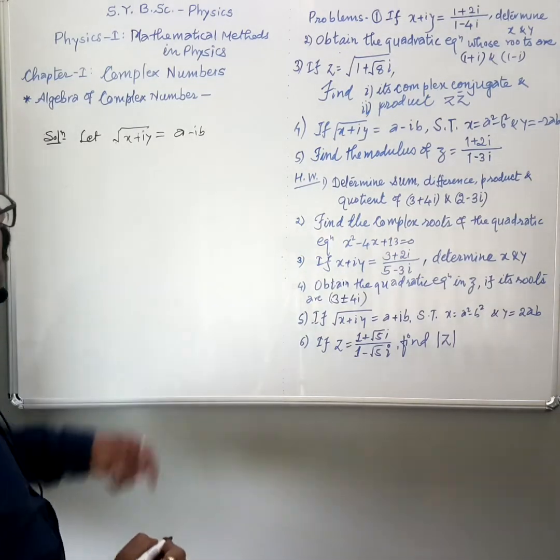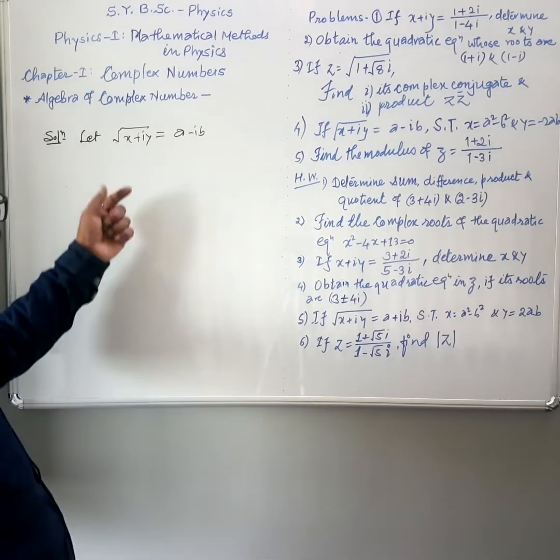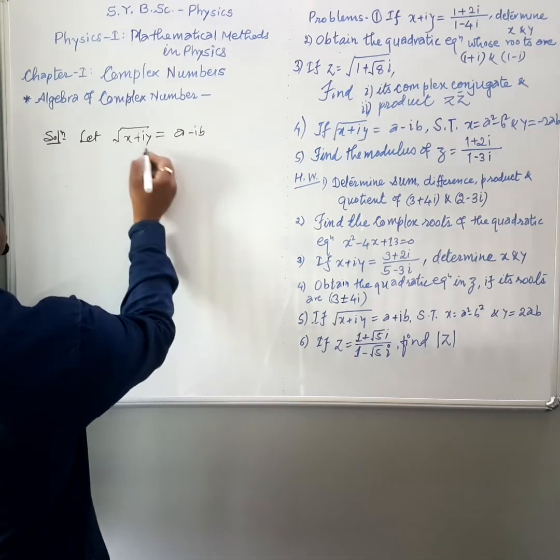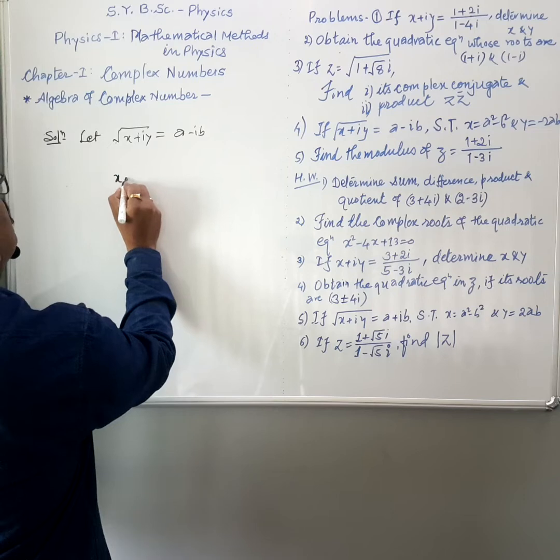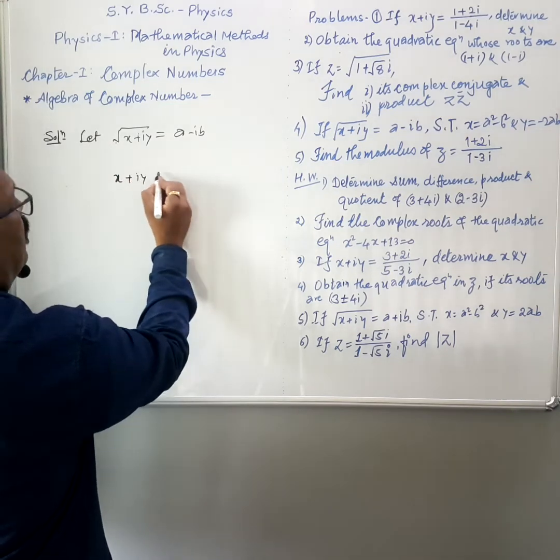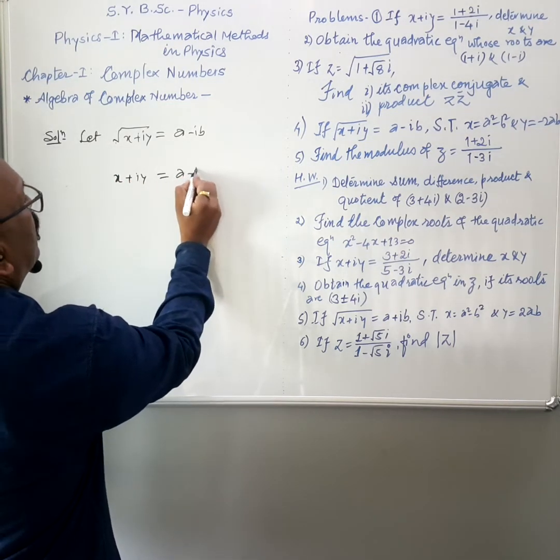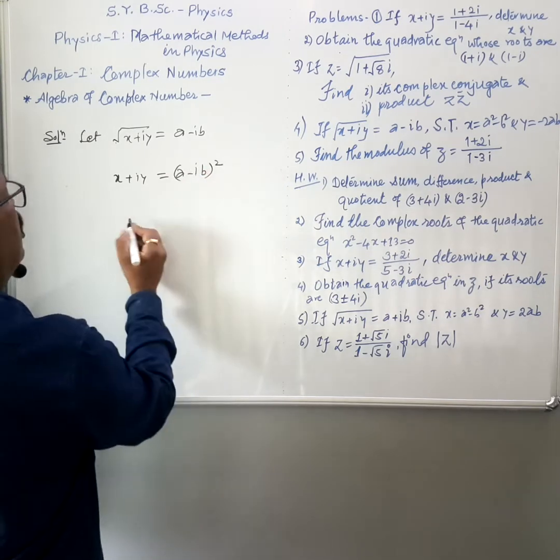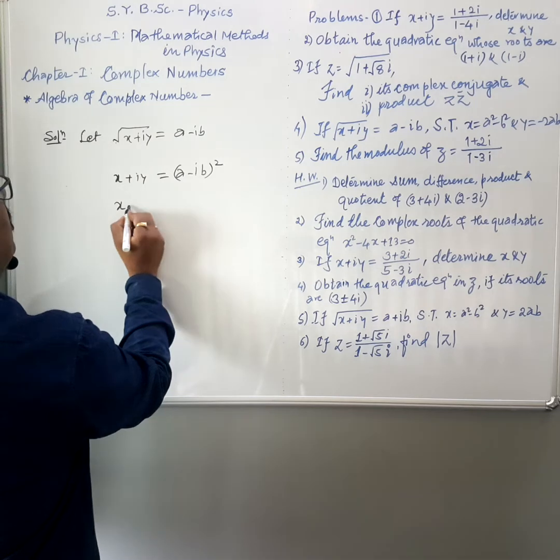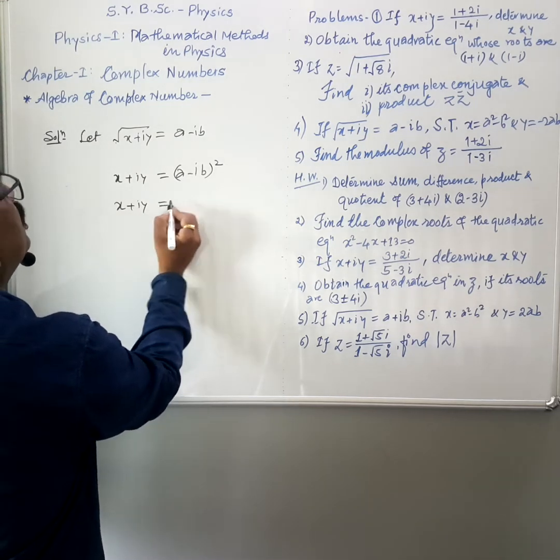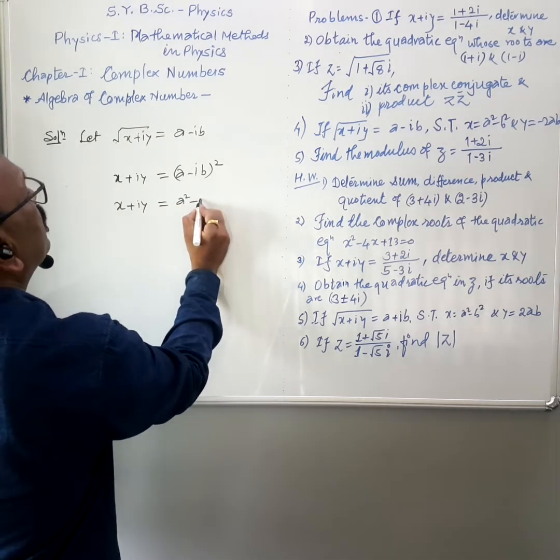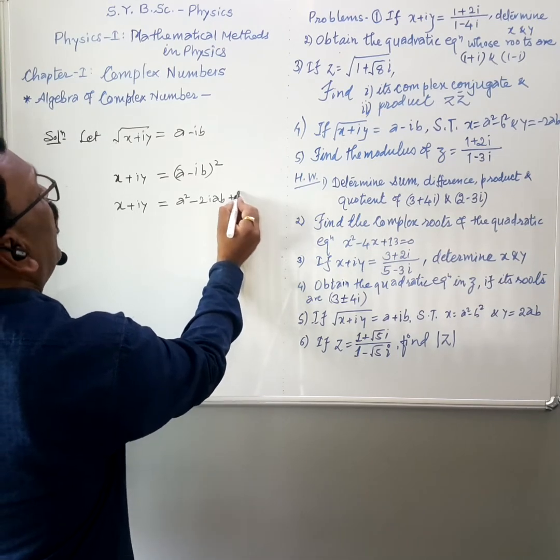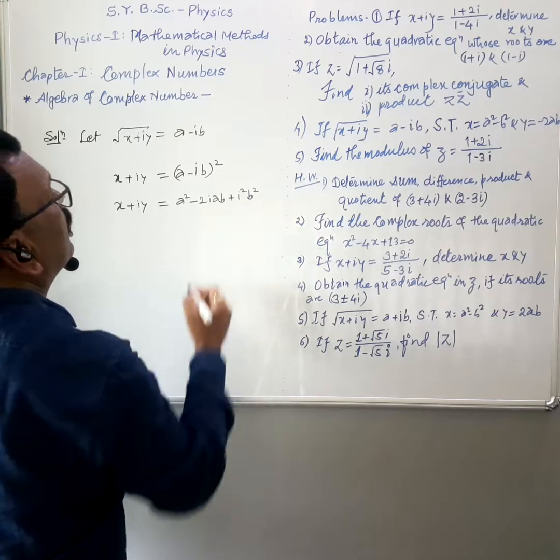In order to solve this problem, we have to square both sides of this equation. After squaring, we get x plus iy is equal to (a minus ib) whole square. Solving this term, we get x plus iy is equal to a square minus twice iab plus i square b square.